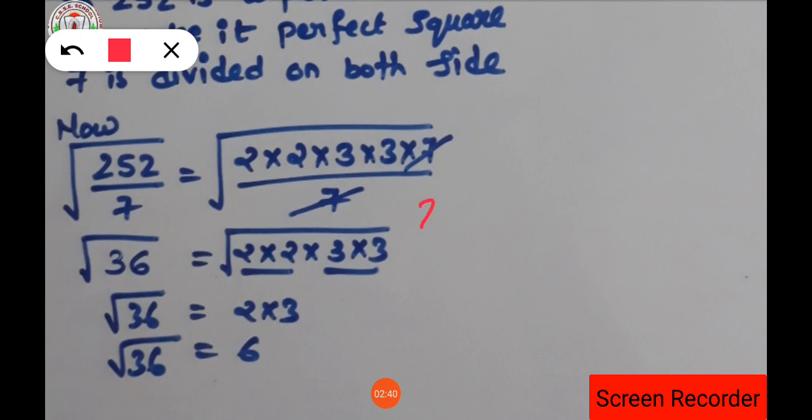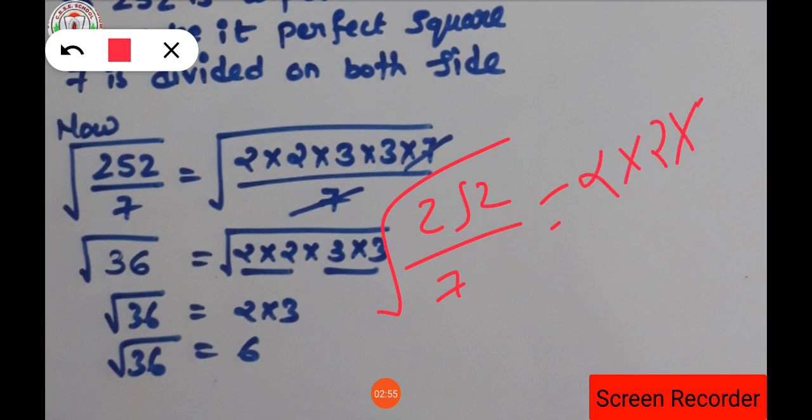So 252 will be divided by 7. Why are we dividing by 7? Because 7 is the number which is unpaired in the factors. That's why 7 will be divided on both sides.